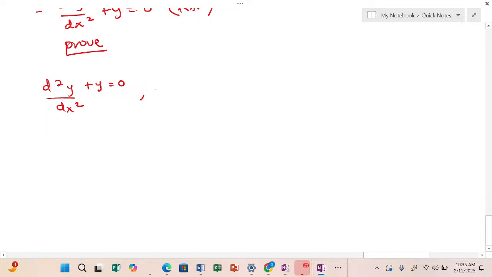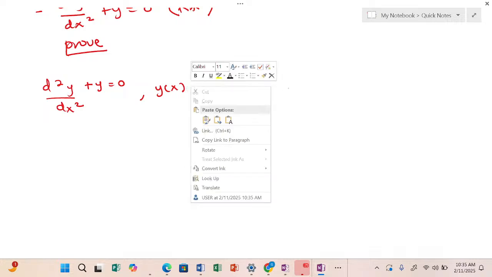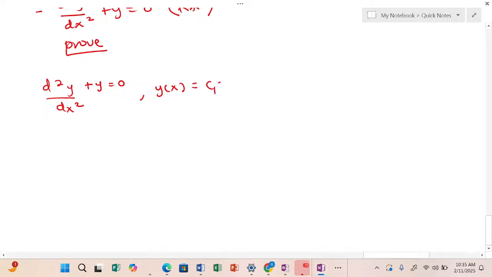And then we have y(x) is equal to c1 cos x plus c2 sin x. So what we are going to do is that when we take the differential equation, we have to differentiate twice because we have d squared y over dx squared. I mean, this means we have to differentiate twice.